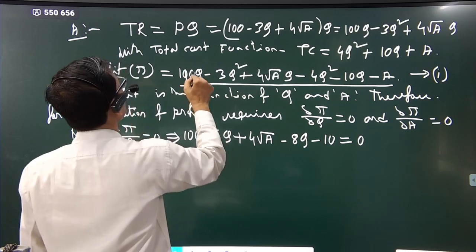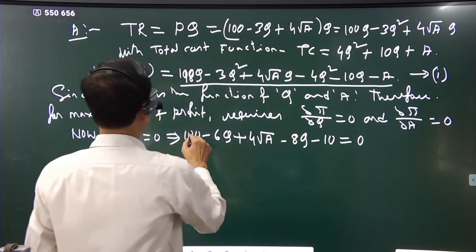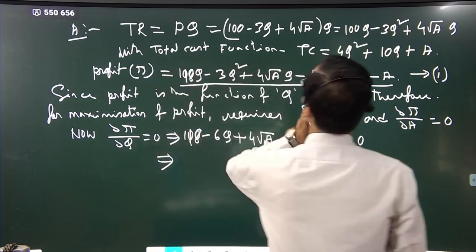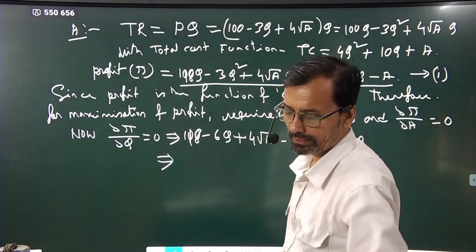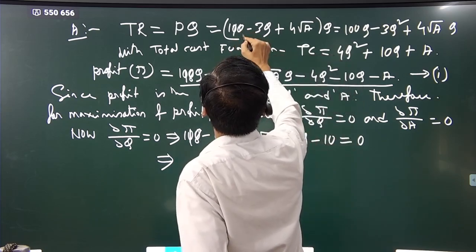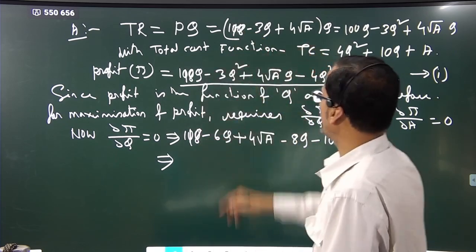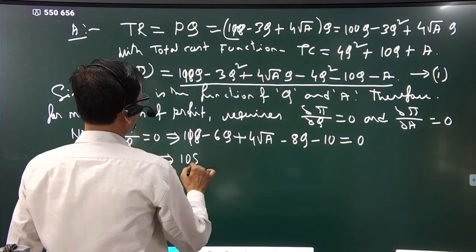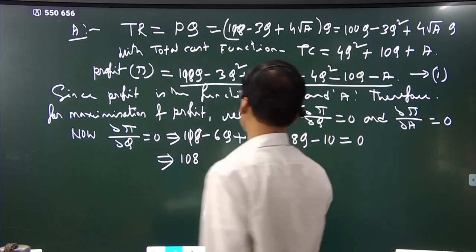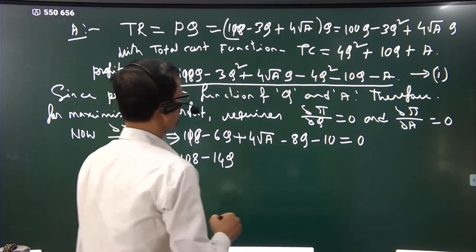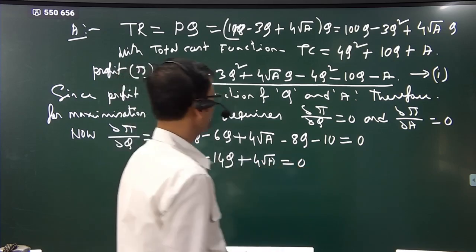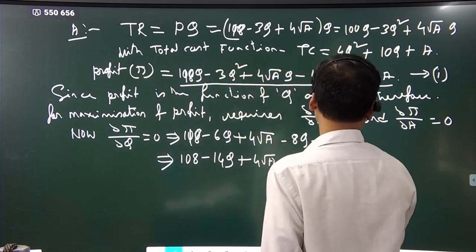So 118 minus 10 gives 108, and minus 6Q minus 8Q gives minus 14Q, plus 4 square root over A, that would equal 0. This is one equation. We can mark it as 1.